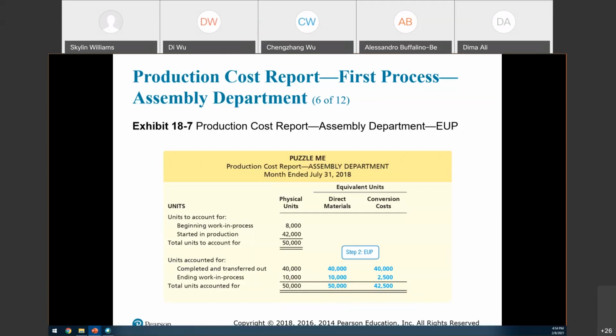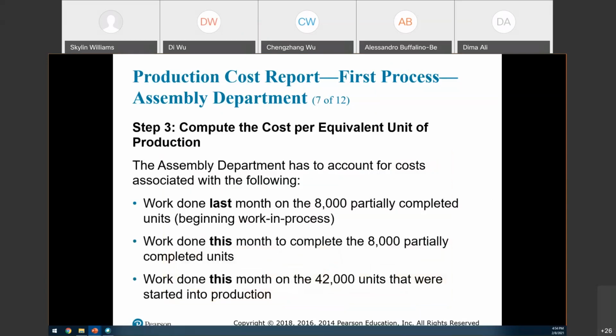Well, for the next step, step 3 and step 4 are about the cost, the money.